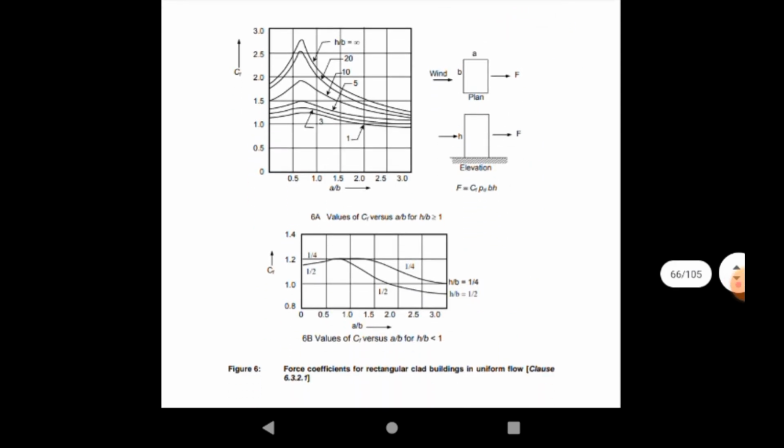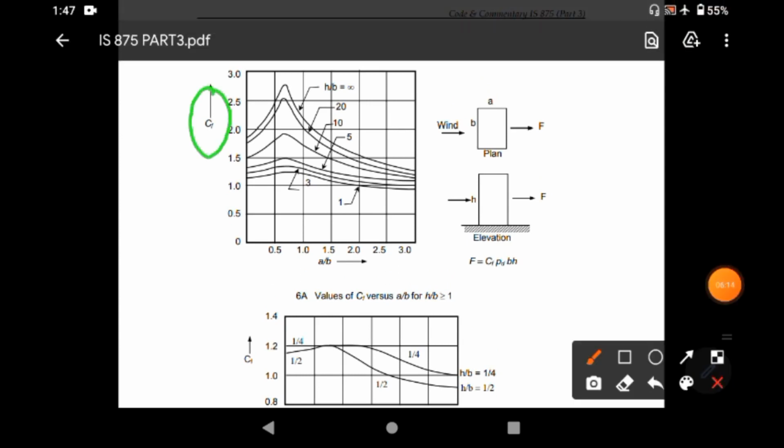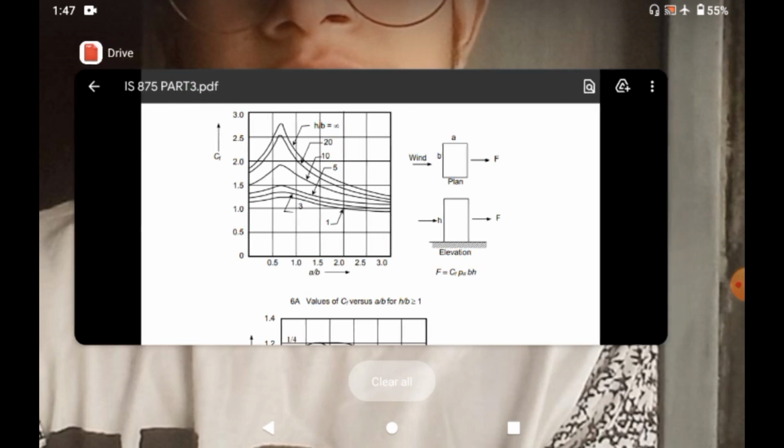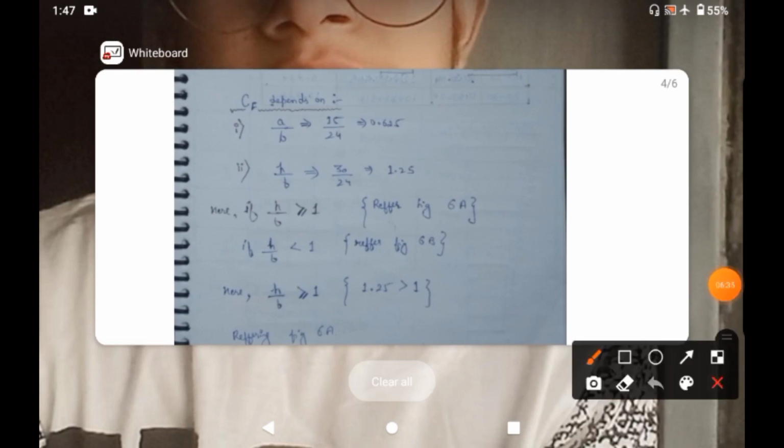For 6a we need to find the value of CF, and for that we also need the value of the ratio A by B. In this question, the A by B ratio is 0.625.